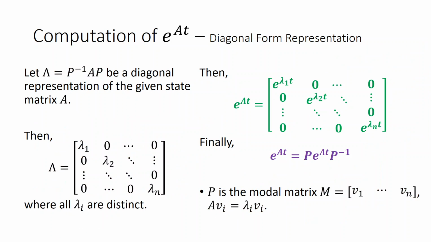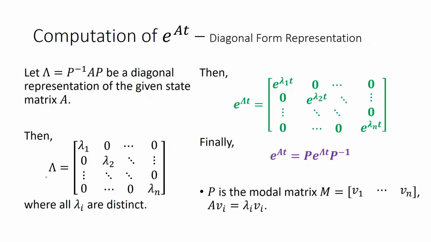The next computational way is to go by the method of diagonal forms and Jordan forms. Let us first see the diagonal form. When we have the diagonal form representation, if you know the eigenvalues, you can diagonalize the matrix, you can diagonalize the state space representation.